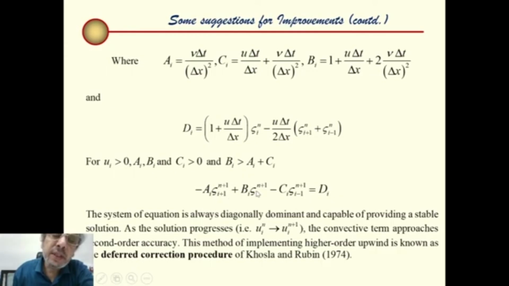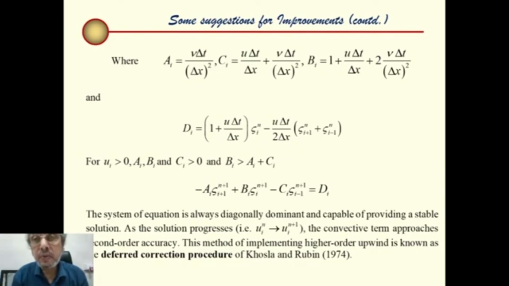Now if we keep on substituting i equal to 2, i equal to 3, i equal to 4, like i equal to 4 means this will be at zeta 4, this will be at zeta 3, this will be at zeta 5. So we will get again one matrix equation in the form of Ax equal to b.